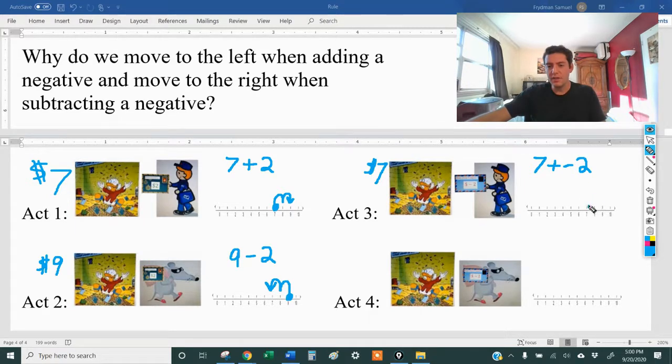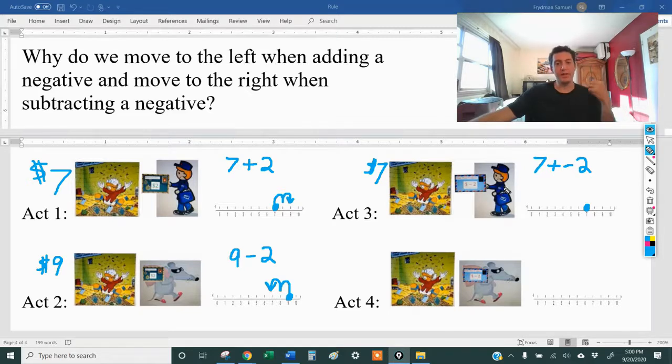And now we have to think to ourselves, what should happen if we receive a bill from the water company? Does our money go up or does it go down? Well, if we receive a bill that we have to pay, then our money is going to go down, which on the number line means we are moving to the left.